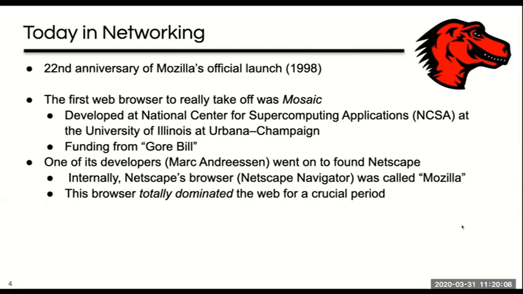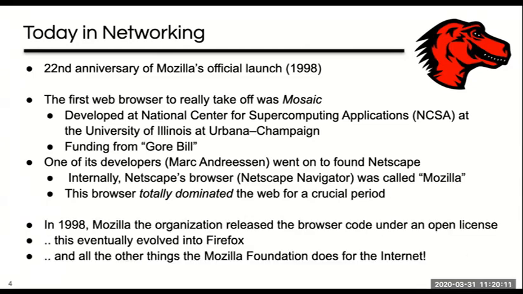So anyway, in 1998, an organization called Mozilla appeared, and they released the source code to the browser under an open source license, and this is what eventually became Firefox. And this was sort of the beginning of the Mozilla Foundation, and it didn't really work out how the organizers of Mozilla originally thought it would, but I think that's probably for the best.